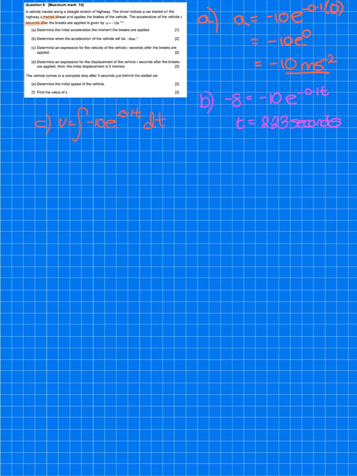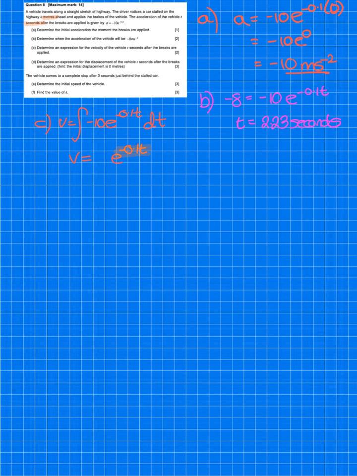We're going to integrate that with respect to t, so we're going to put a dt on the end. So when we integrate this, we're going to have our e to the negative 0.1 t. That's not going to change when we do our integration, but we do need to divide by the derivative of the inside.